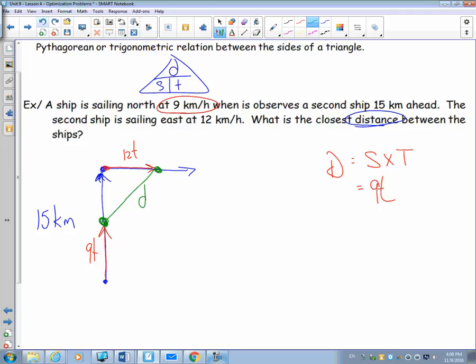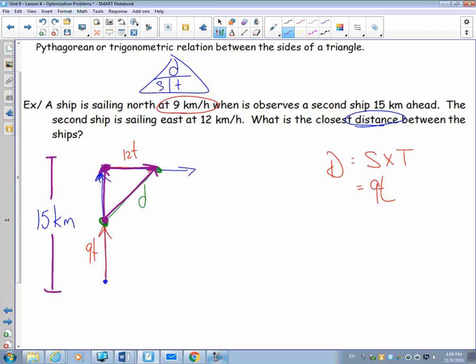Okay, so the distance that's covered here to here is 12t. This is d. How much is this, the 3 sides of my triangle? Well, it's not 15 kilometers. The whole thing is 15 kilometers, right? From here all the way down.